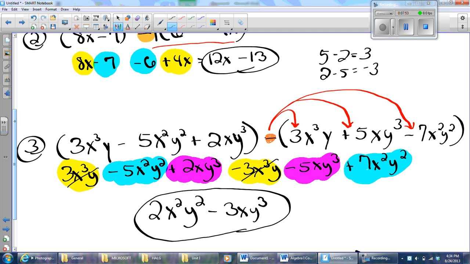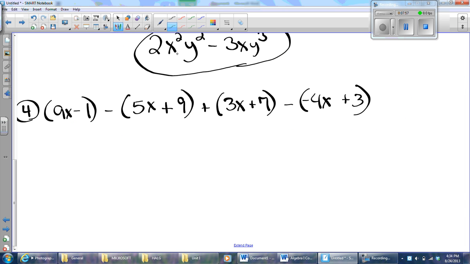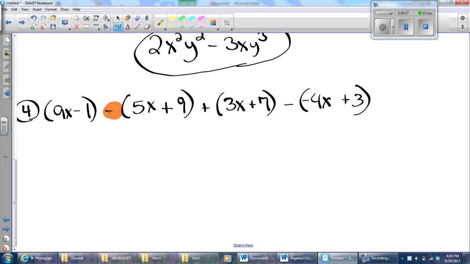Now, if I have a longer problem like this one, okay, looks like I got a couple negatives going on. I got this negative here who belongs to this quantity, and I've got this negative here which belongs to this quantity.